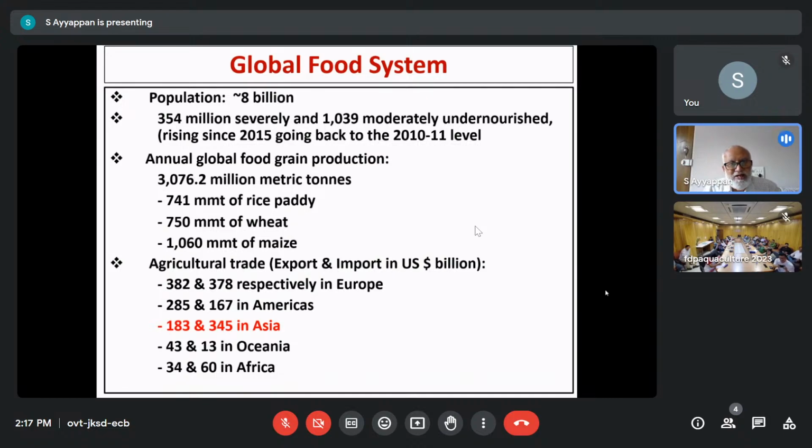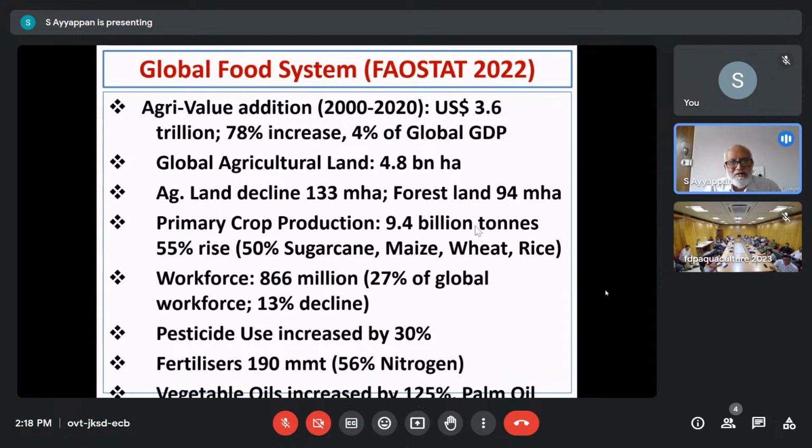Now, I've just mentioned 8 billion people, 800 crores, and total food production is something like 3 billion tons. Don't worry about the other details, I'm just giving you an introduction. So about 3 billion tons of food is being produced, and the global food system is about $4 trillion. Fortunately, in spite of all the challenges, food production is increasing both on land and in water.